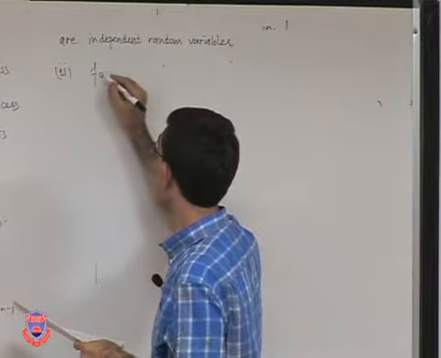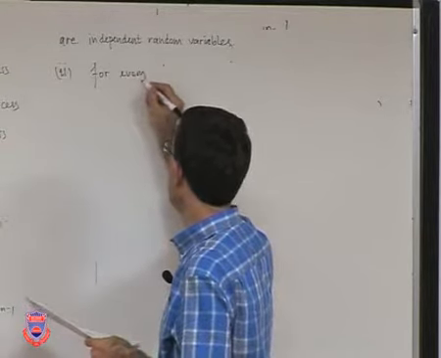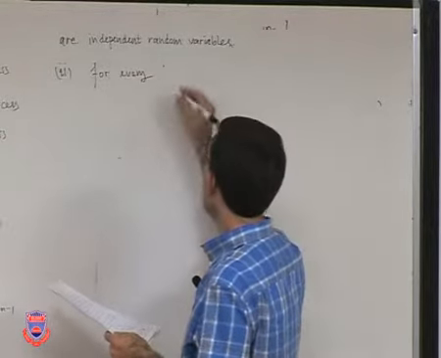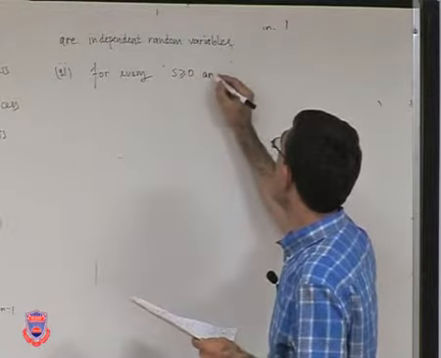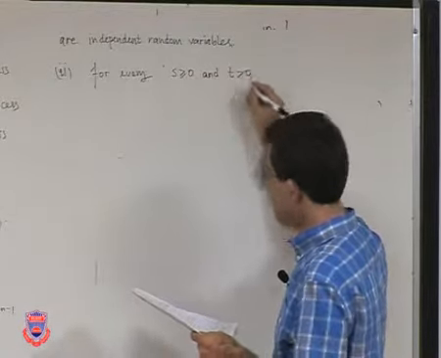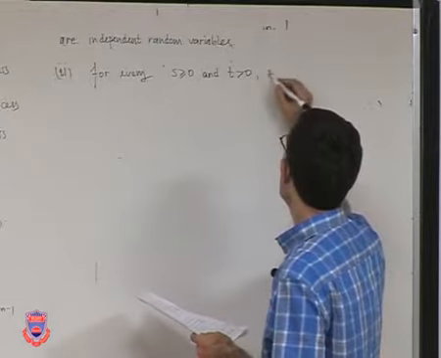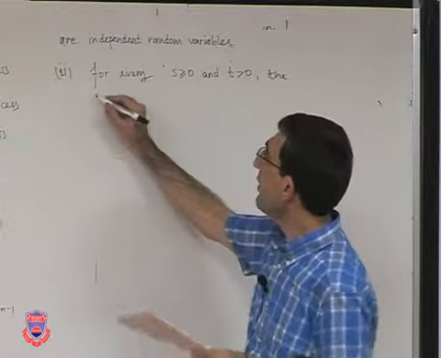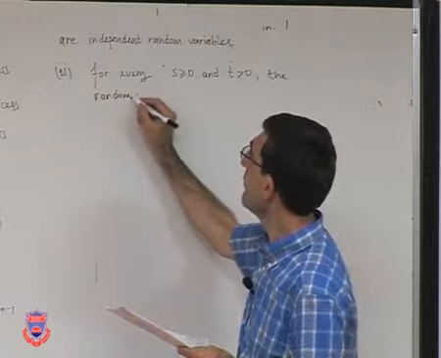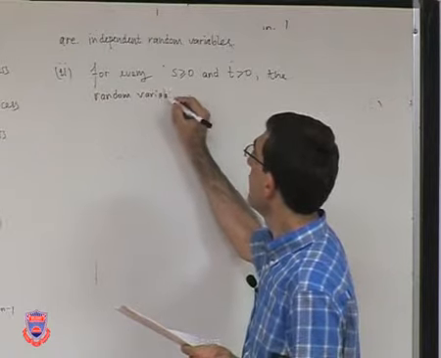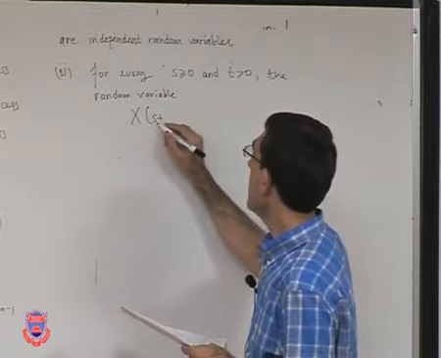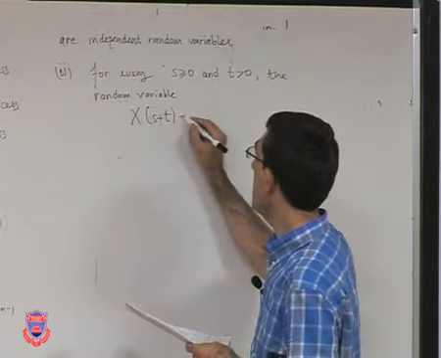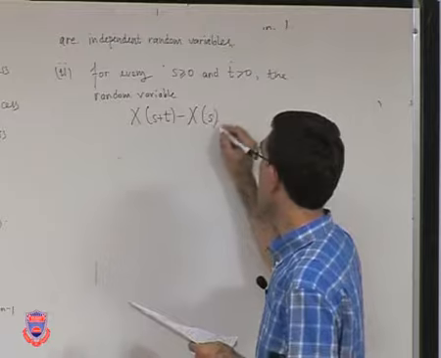And the second condition is for every s non-negative and positive t, the random variable X at time s plus t minus X at time s.